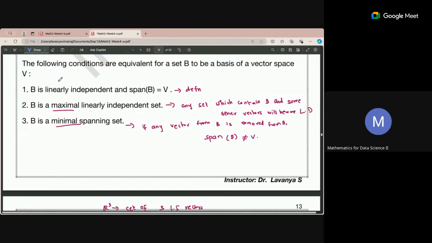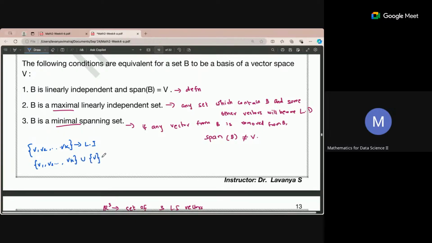See, suppose you are having a set V1, V2, ..., Vk. Now you know that this is a linearly independent set. Now I am going to add another vector to this set.